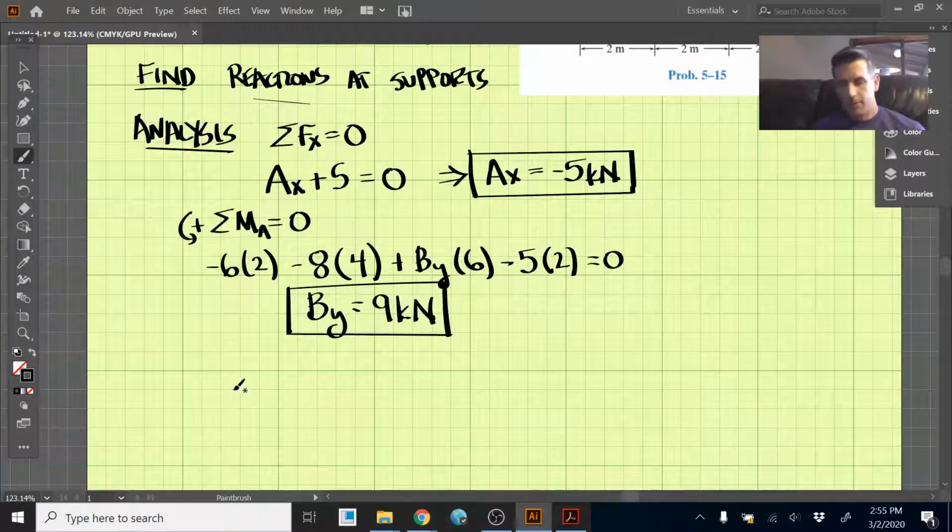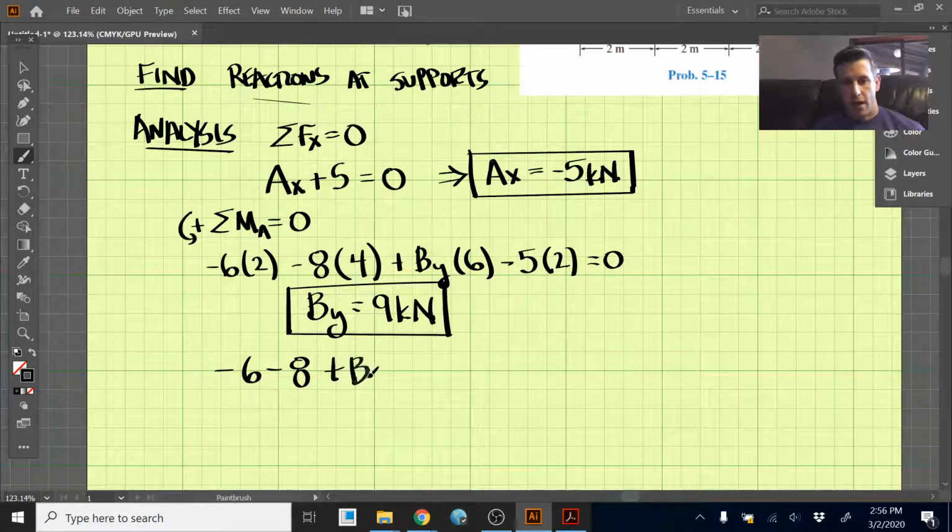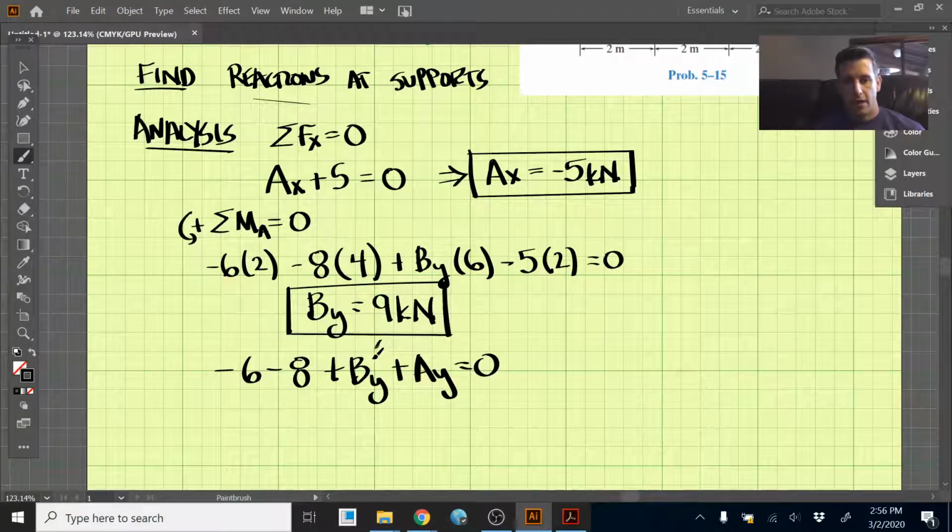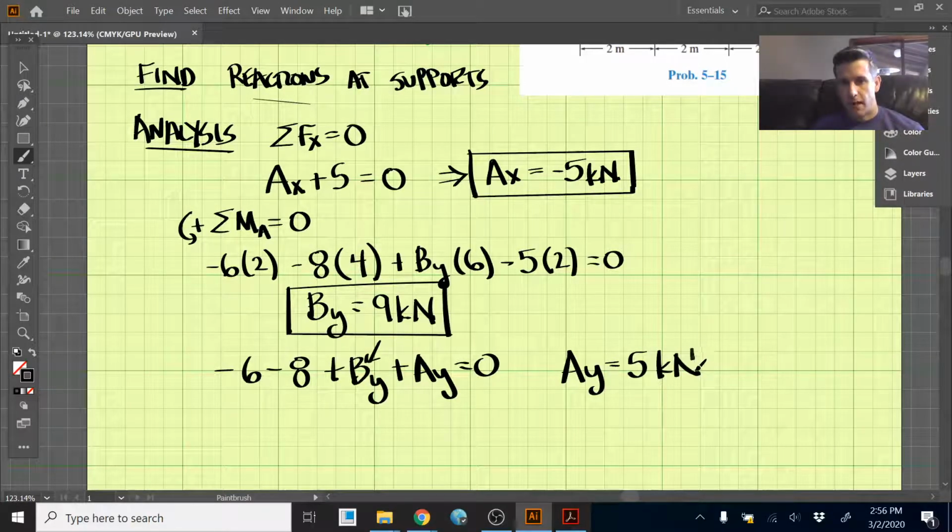We're going to have negative 6 minus 8, those are the downward forces, plus BY plus AY is equal to 0. We know BY is 9 kilonewtons, so we can put that in here, and we come out with AY equal to 5 kilonewtons upward. So that's positive, so we know it's pointed upwards.